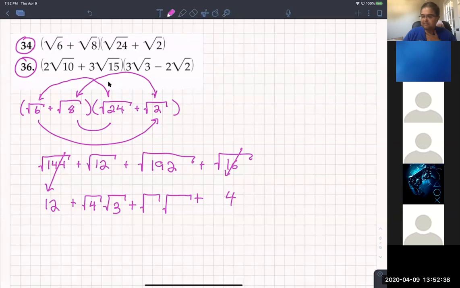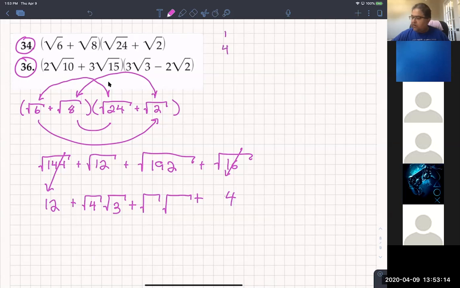So what two numbers multiply to give me 192? 24 and 8, but neither of those is a perfect square. I need two numbers that multiply to give me 192, one of which is a perfect square. So remember your perfect squares.